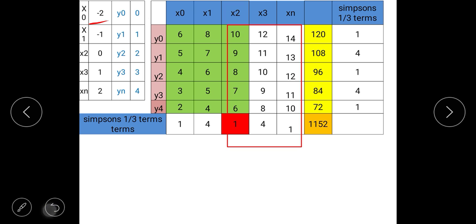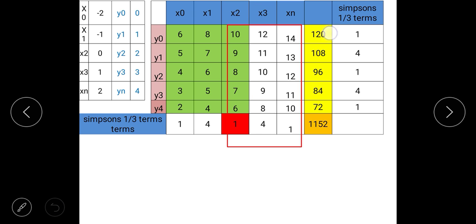Now here I am not using that formula, I am using 1, 4, 1 terms. Here we can see this x2 term comes twice. If you remember this formula, that is 2 into even terms. You can see 2 is an even term. It means this number you have to take into consideration twice.